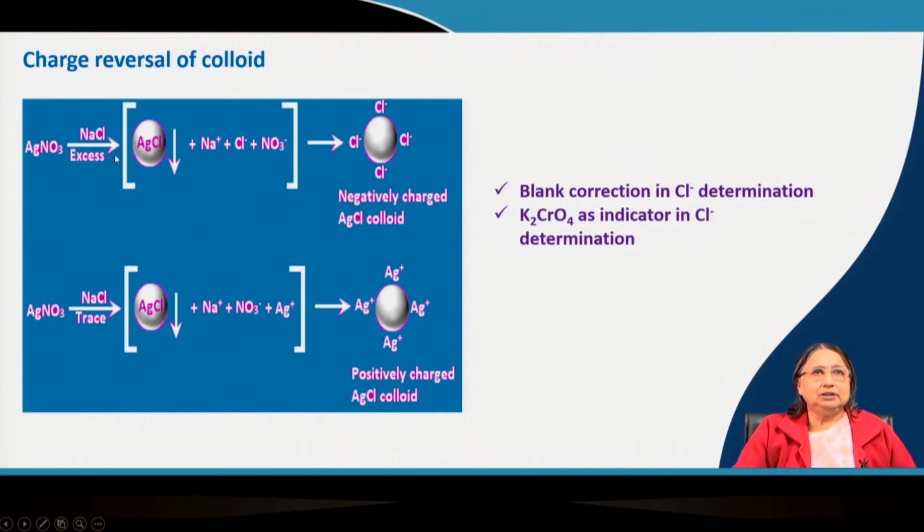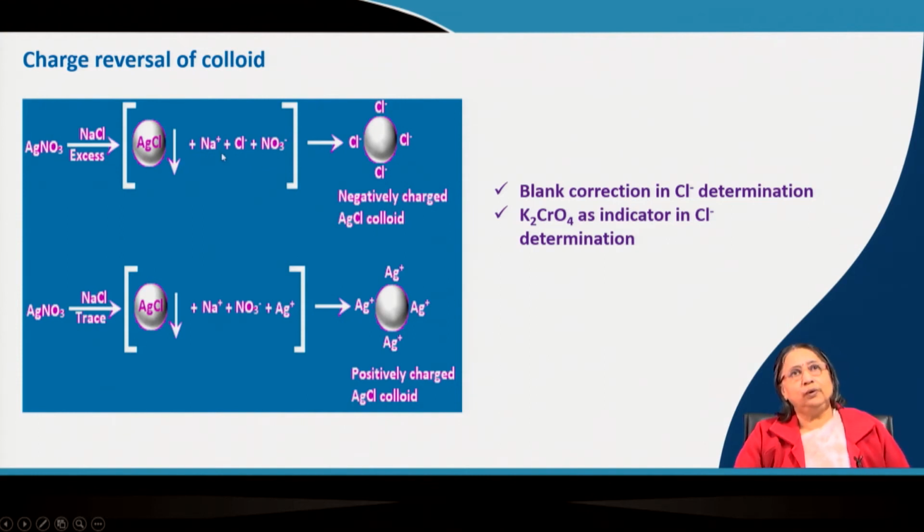Because you have added excess sodium chloride, chloride ion will be in excess. In the solution there are many ions: some sodium ions coming from sodium chloride, the chloride ion which remains because you have used excess, and some nitrate ion coming from silver nitrate.